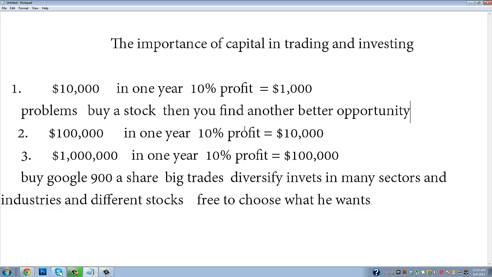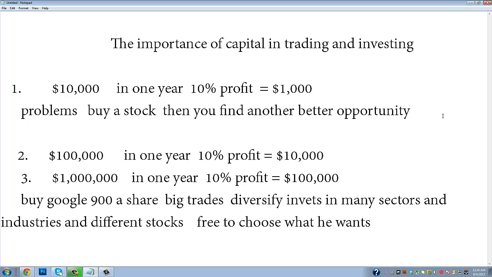Now you will have a problem to sell this and go to this. It makes a lot of problems. Since your account is small, it limits your opportunities. You will see a lot of opportunities to buy some stocks, but since your account is small, it limits your ability to trade well.